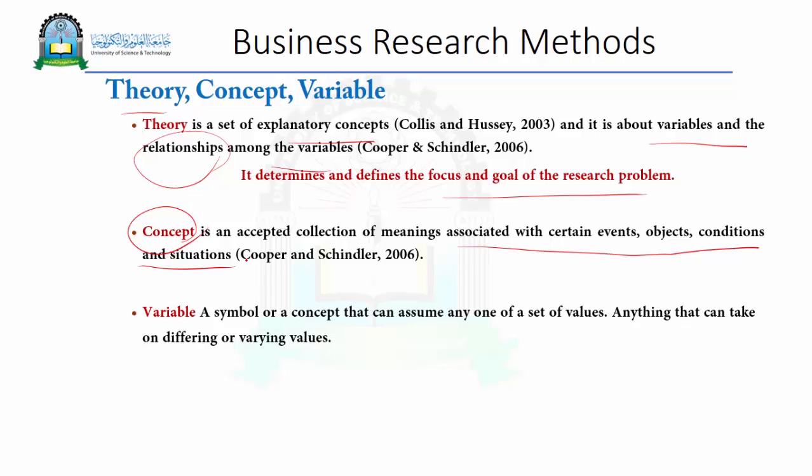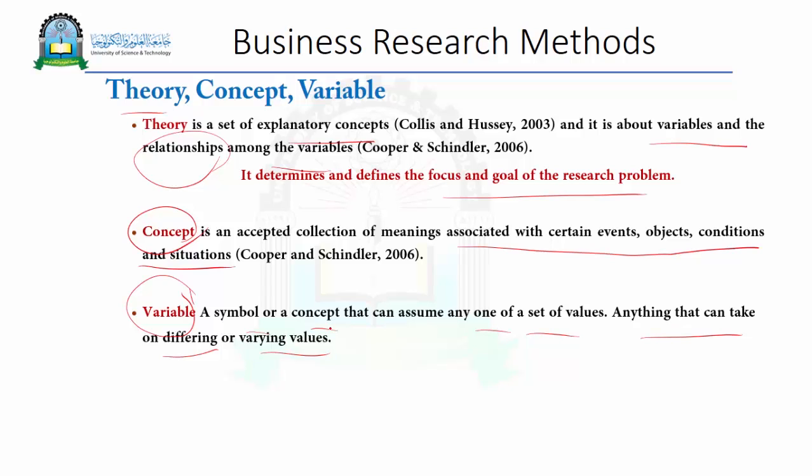the operationalization. The variable is another term related to the concept, equivalent to the concept, and it is a simple concept that can assume any one of a set of values, anything that can take on differing or varying values.